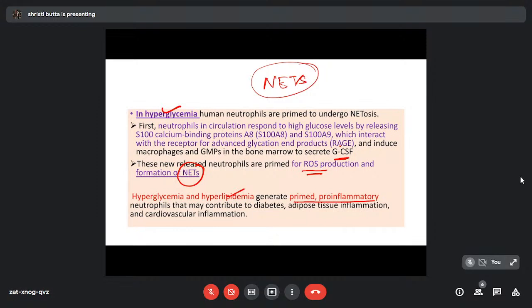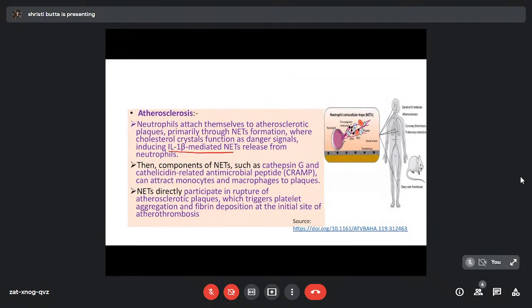Let's move on further. Atherosclerosis. Neutrophils attach themselves to the atherosclerotic plaque primarily through NET formation, where cholesterol crystal functions as the danger signal, inducing interleukin 1 beta mediated NET release. So if you have interleukin 1 beta, remember the inflammasome, which resulted in the formation of interleukin 1 beta.